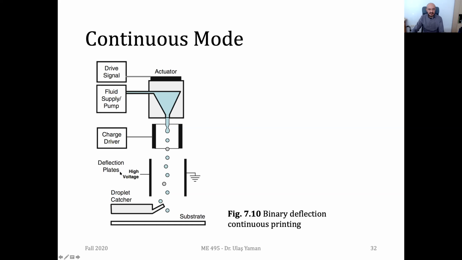Later, we need to have such a deflection plate so that they will be directed onto the substrate here. And underneath your nozzle, you may have such extra equipment so that we will not have many drops on the table.